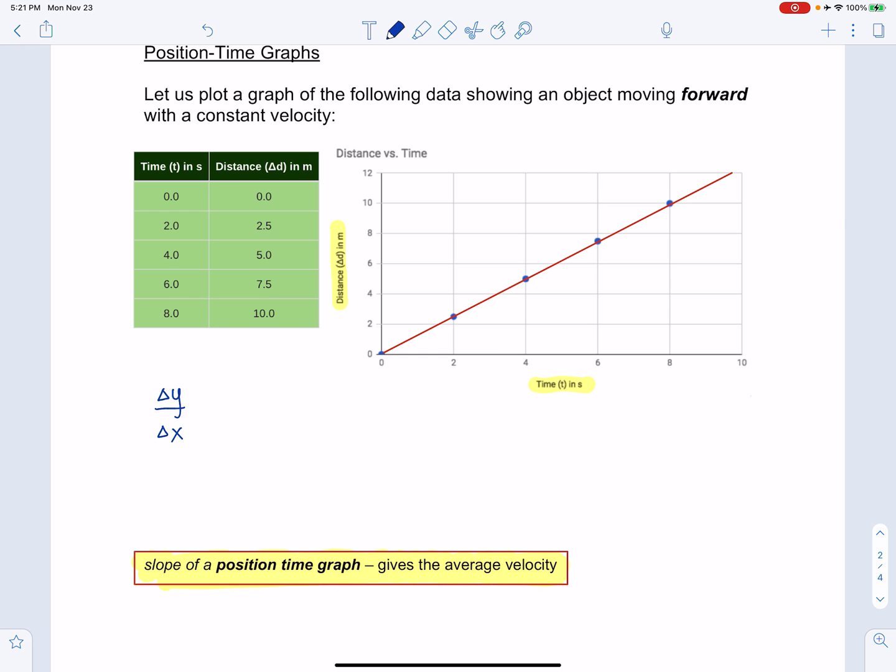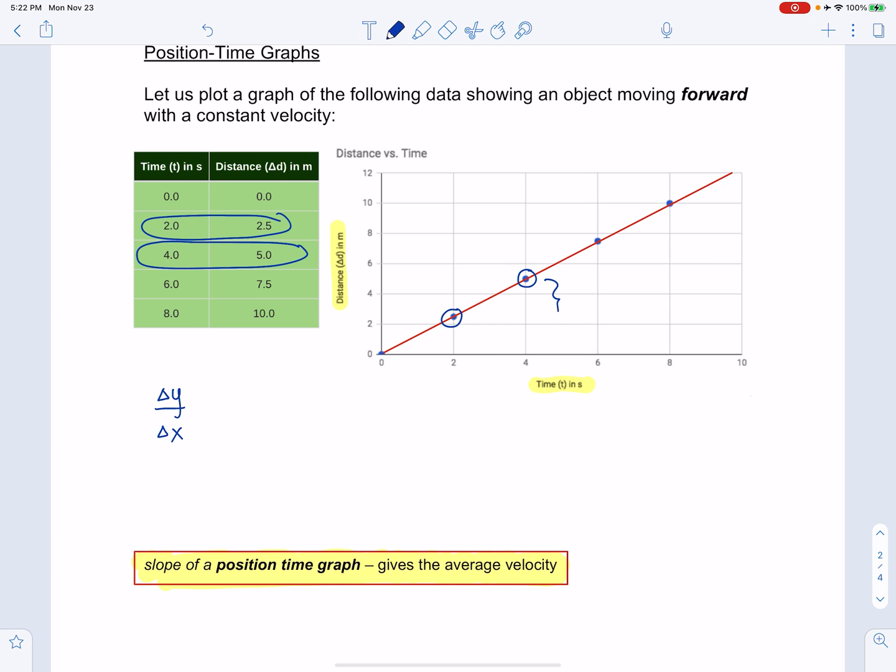You can pick any 2 points on a position time graph to calculate the slope. I'm going to choose the point 5 meters in 4 seconds, which is here. And I'm also going to choose 2.5 meters in 2 seconds.